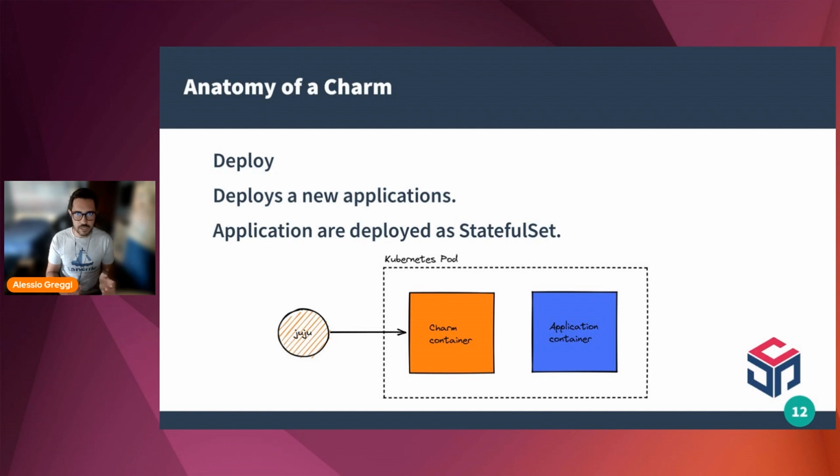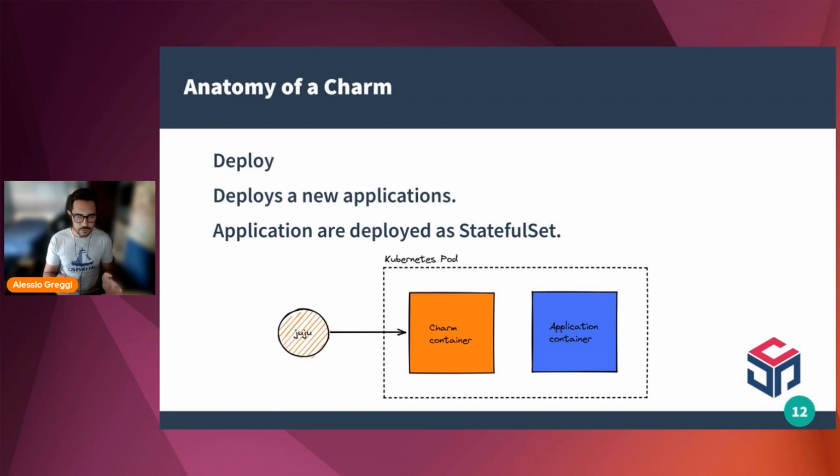And as we have seen before, you can essentially run juju deploy followed by the application name. One important thing that we found during the development is that when you deploy an application in the Kubernetes ecosystem, the application is deployed as a stateful set.